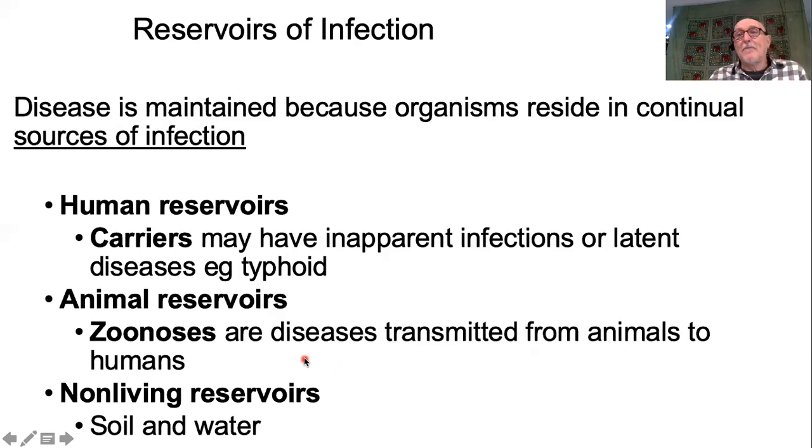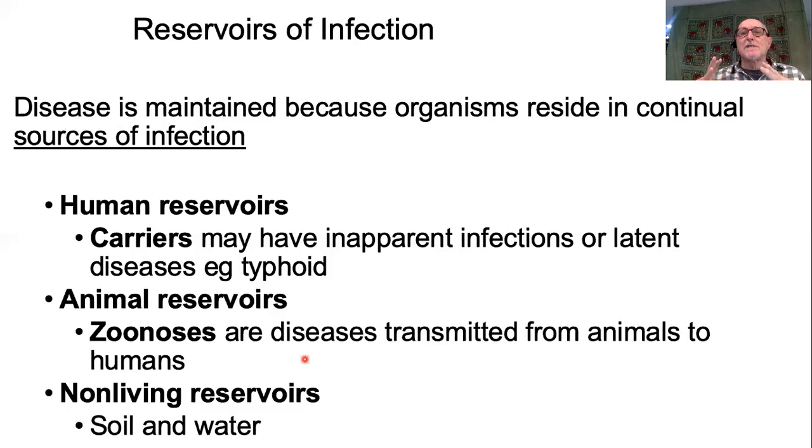There are, however, infectious agents which can survive in a non-living reservoir. A very good example would be the bacterium which causes cholera, Vibrio cholerae. Vibrio cholerae is often a normal part of the bacterial flora of estuarine, brackish water.